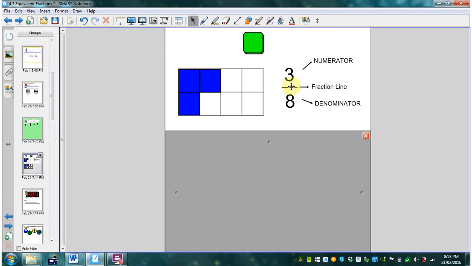What we say here, the 3 out of 8 shaded, the "out of" is the fraction line. Okay? And our denominator is the whole. How many pieces do we have altogether? So 3 out of 8. The numerator is on top and the denominator is on the bottom. Okay, numerator on top, denominator on the bottom.